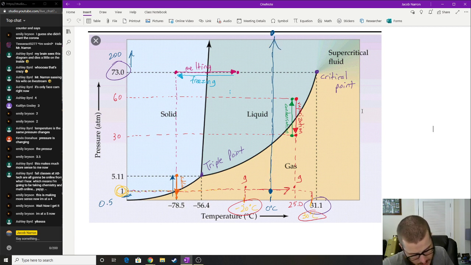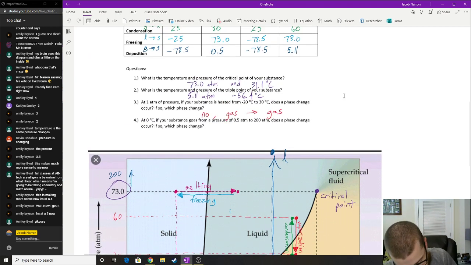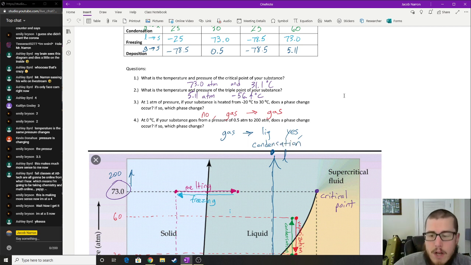We started as a gas. We ended as a liquid. So gas to liquid. Yes, and this is going to be condensation.